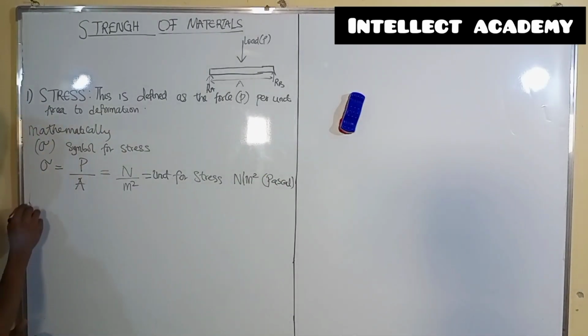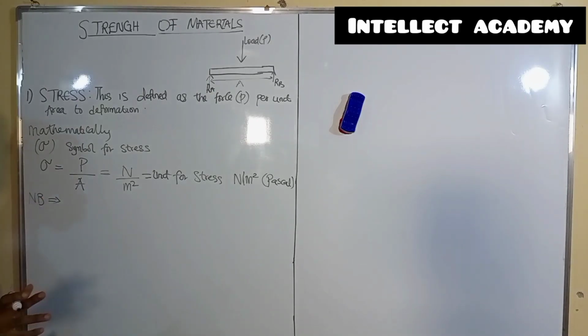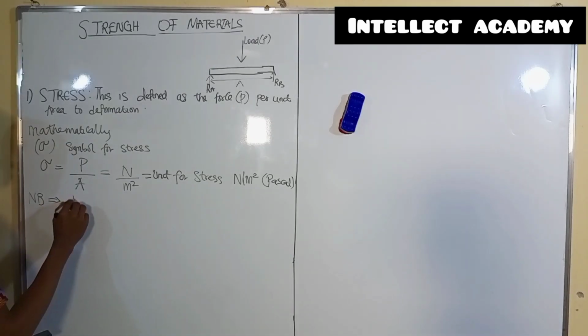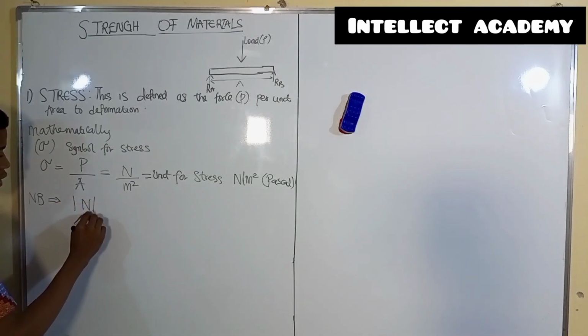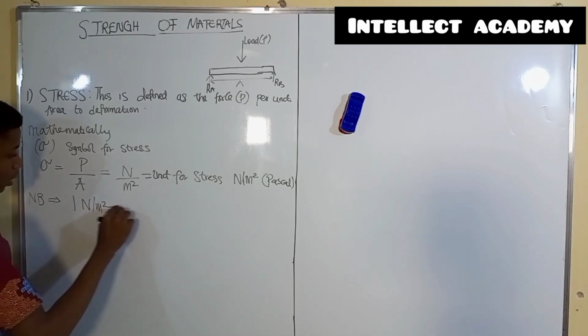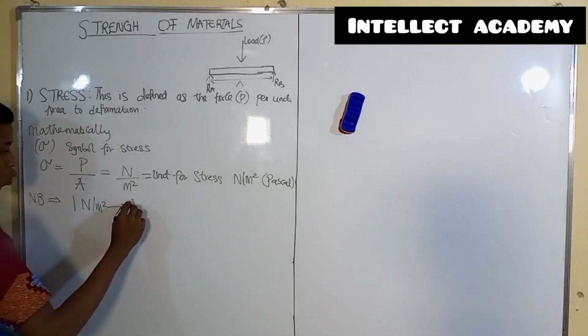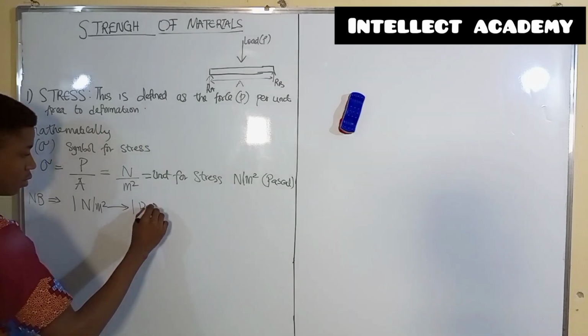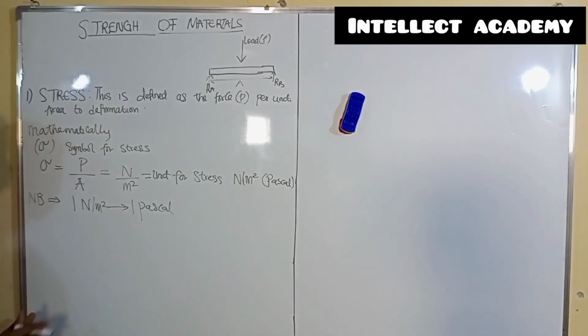Also take note of this. In strength of material it is very, very important to take note of this. 1 Newton per meter square is equal to what? 1 Pascal. Very, very important.